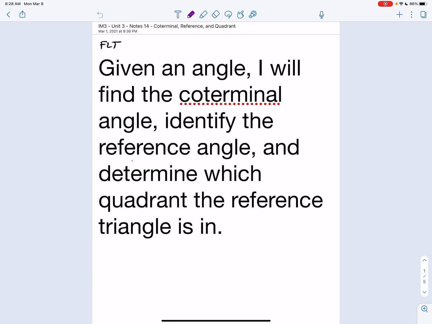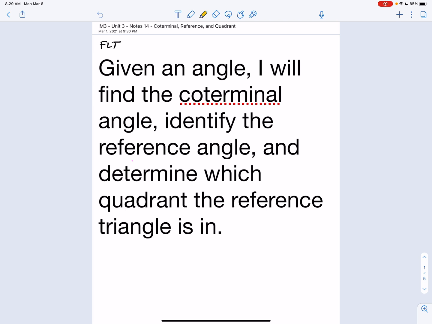So same as the last few, we're making the connections now before we get into the actual trig. These are some of the things that you want to master so that we get them out of the way. You're going to be presented an angle like always. Now you're going to have to revisit how to find a coterminal angle, a reference angle, and as always, identify which quadrant you are in.